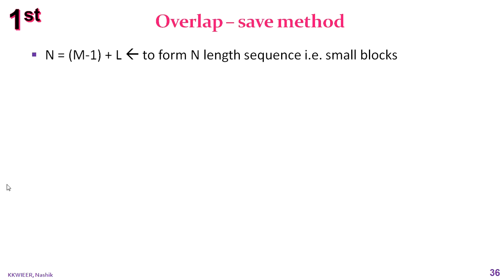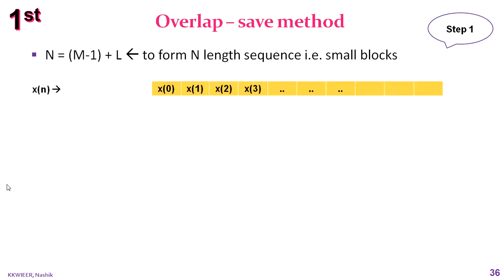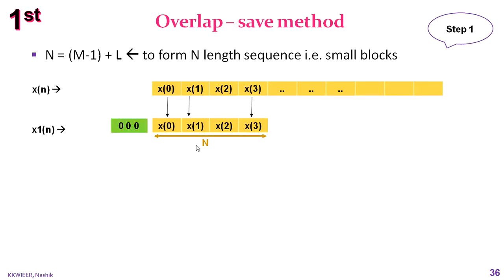To form the N length sequence, that is the smaller block, let us start with step 1. Your x of n will be given as this, x of 0, 1, 2, 3. How to get x1 of n? M minus 1 plus L. The first block will be taken as it is, x of 0 to x of 3, that is the L size block, and 0, 0, 0 will be added, that is M minus 1.